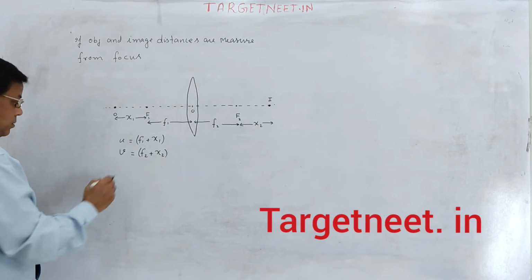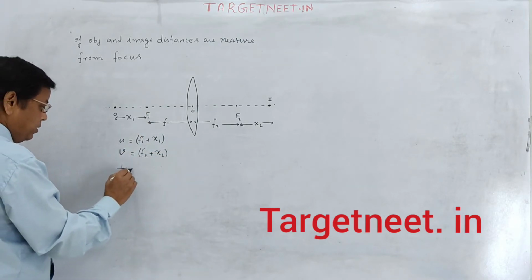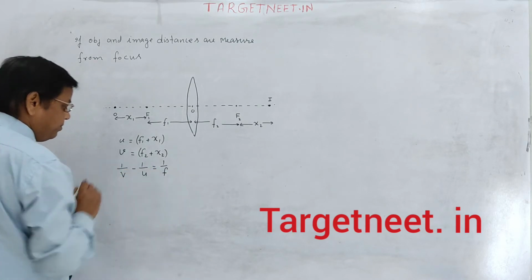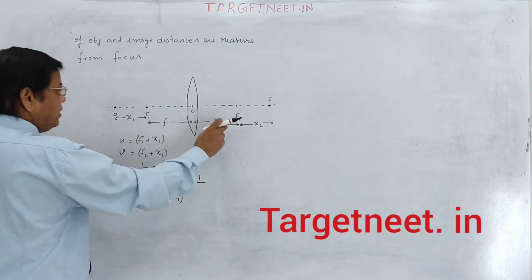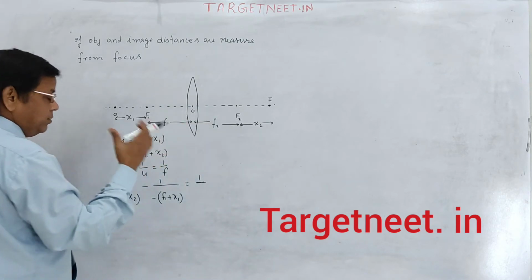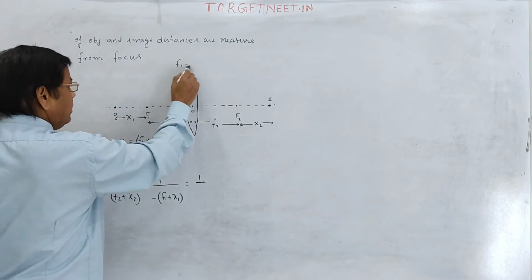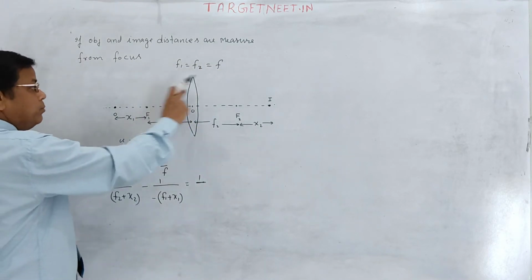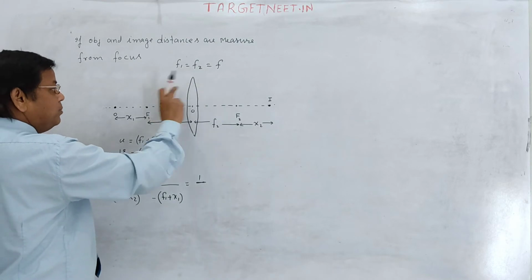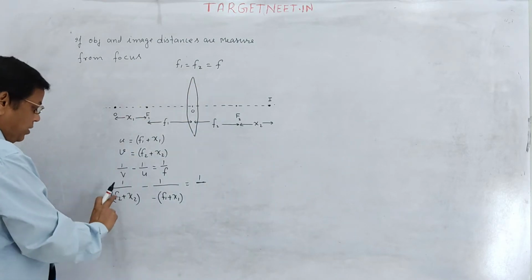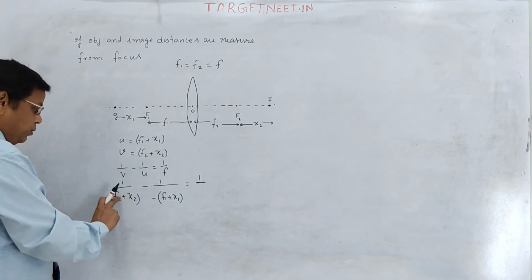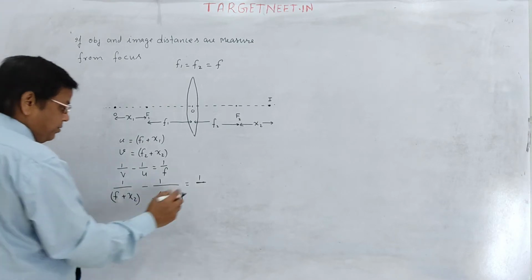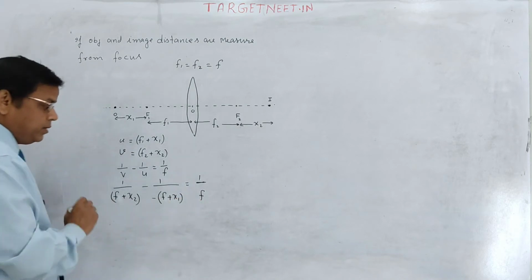Now applying the lens formula, 1 upon v minus 1 upon u is 1 upon f. Suppose f1 and f2 are equal to f when the medium on both sides is the same. So I'm taking the medium on both sides the same, so f1 and f2 both are equal to f.